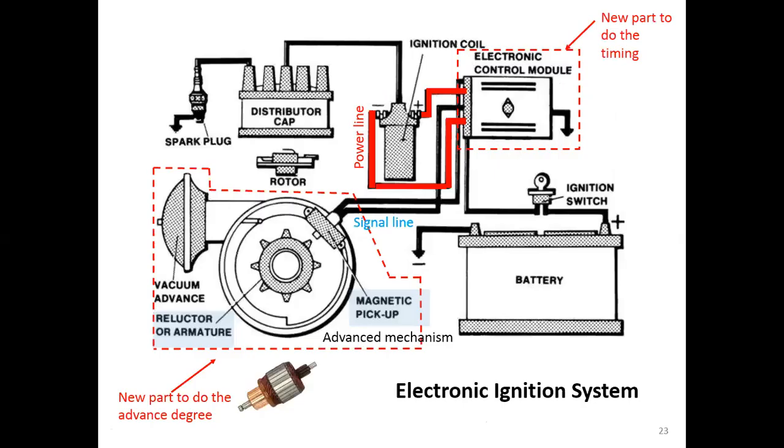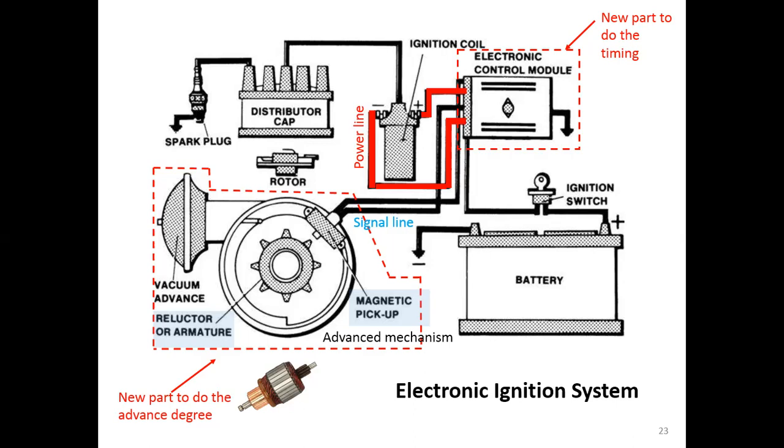You remember the advanced ignition that we used to talk about when we mentioned the start of the ignition, that normally we start the ignition earlier. The word earlier means we do it before the piston goes up to the top dead center. This is what we call the advanced ignition.